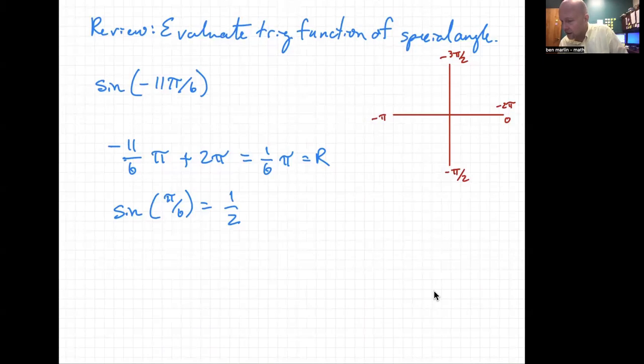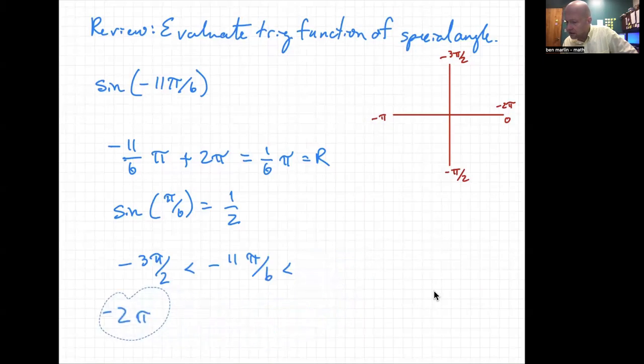So because negative 3 pi over 2 is less than negative 11 pi over 6 is less than negative 2, except I've written it in the reverse order, right? If they weren't negatives, I would have the right order.